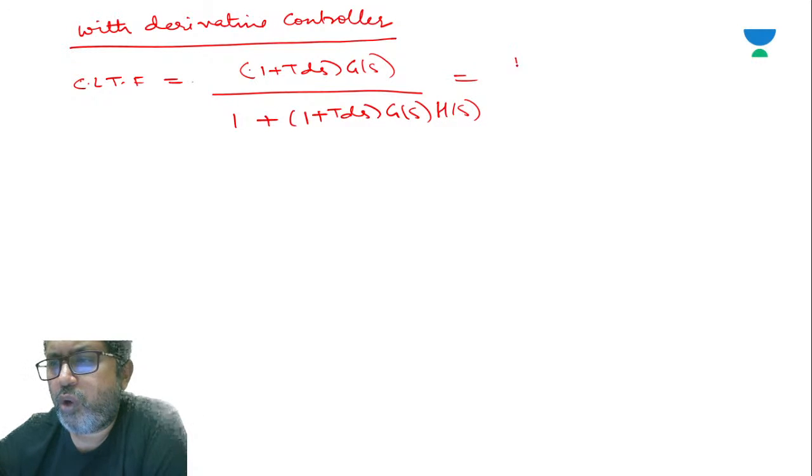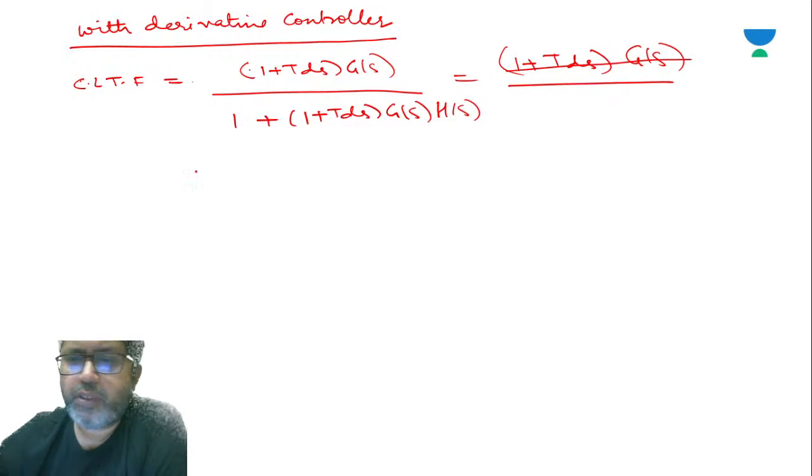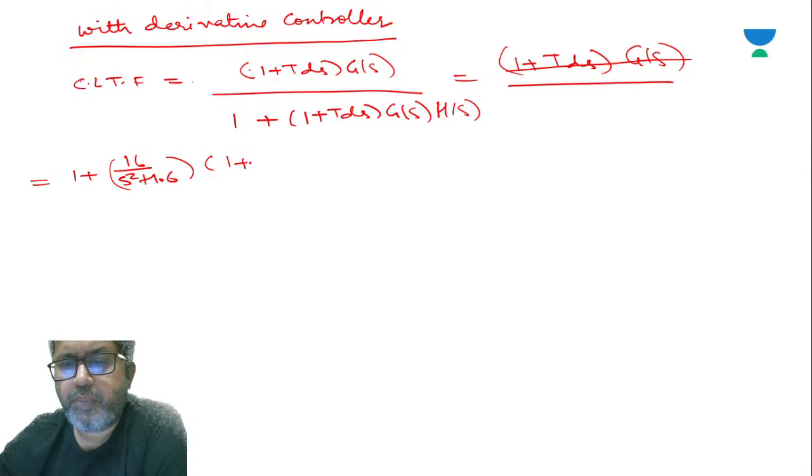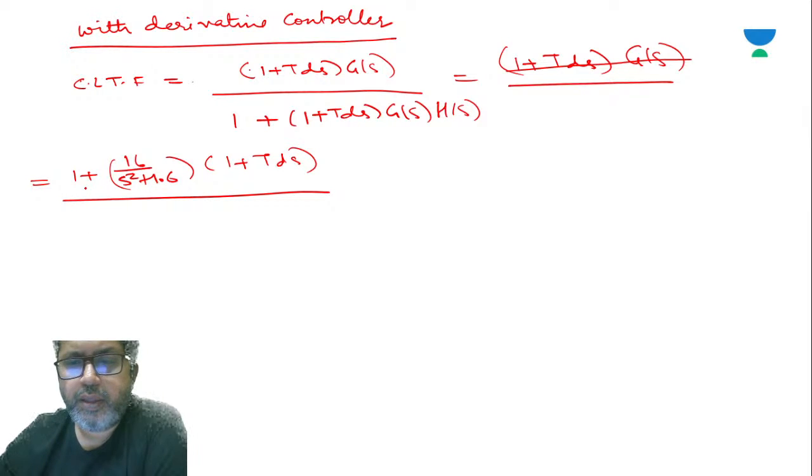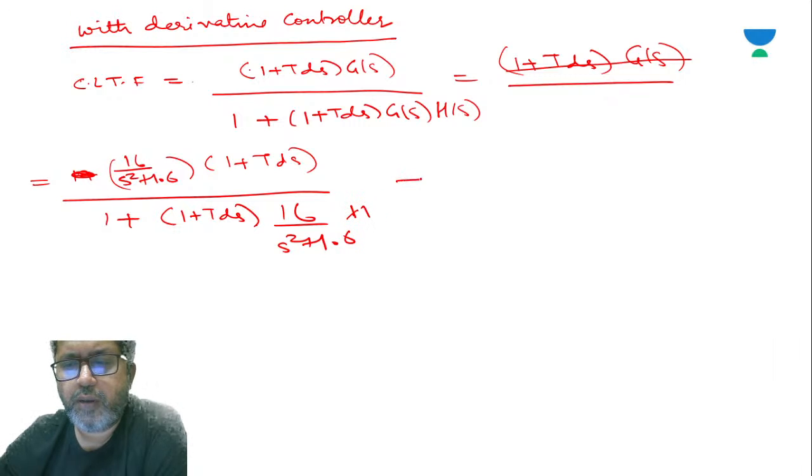This is 1 plus TDS into GS, where GS is 16 upon S square plus 1.6, divided by 1 plus TDS into 16 upon S square plus 1.6 into 1.